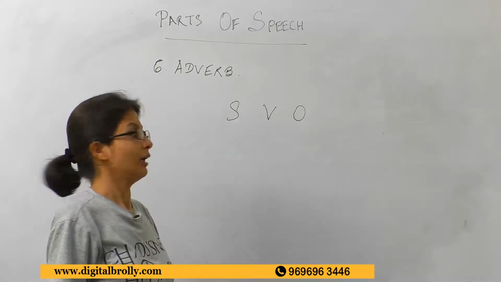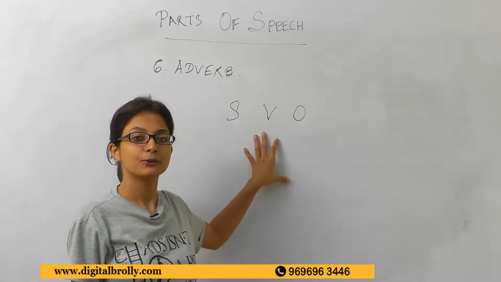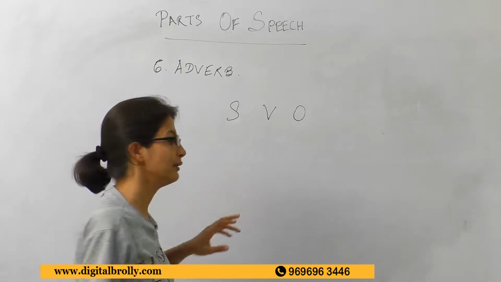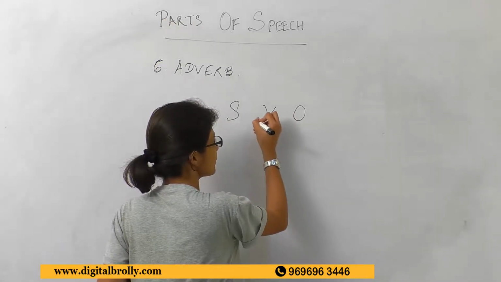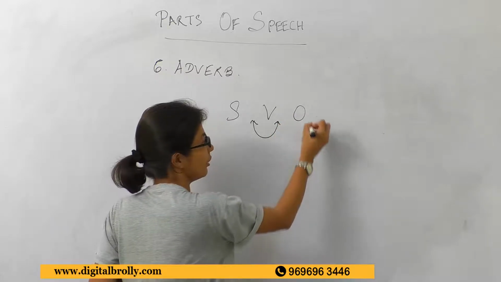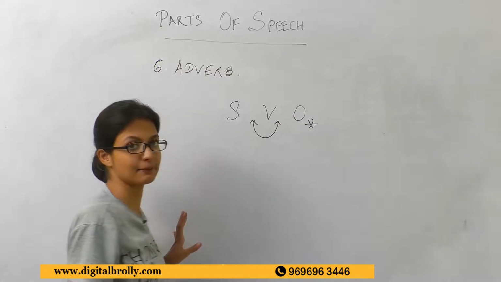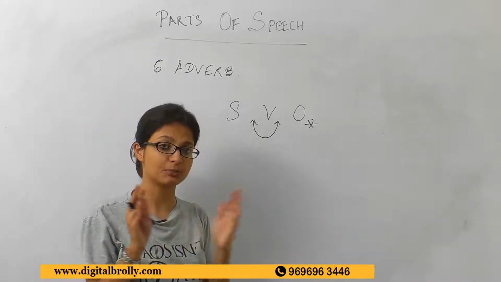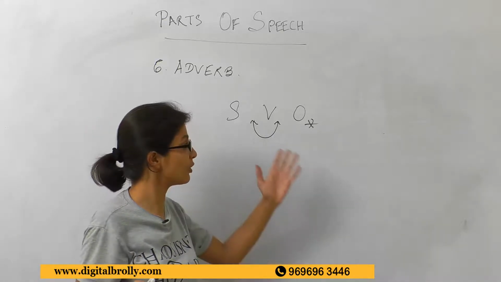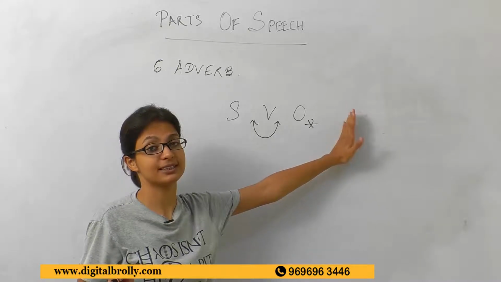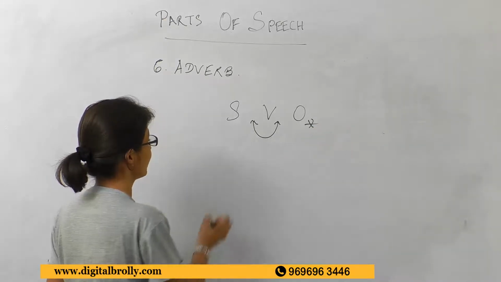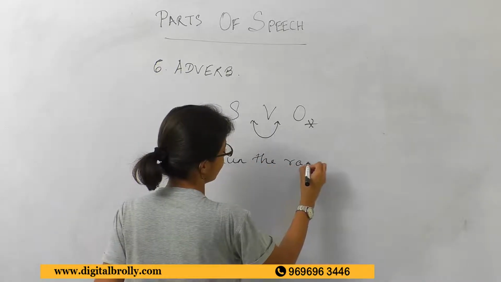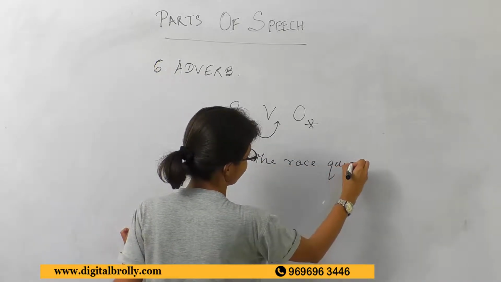Now the positions of an adverb in a sentence are two. One, just adjacent to the verb, or at the end of the sentence. Adverbs can appear just adjacent or just beside the verb in the sentence or at the end of the sentence. For example, run the race quickly.